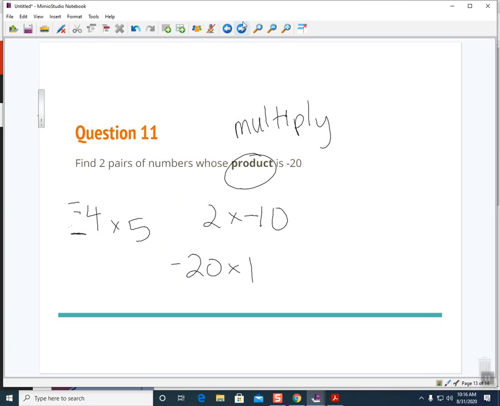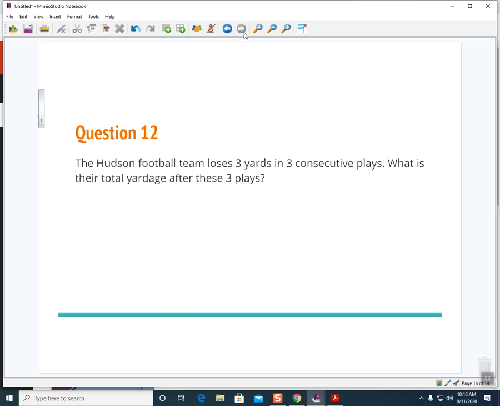Okay, this last one most people had problems with, and I realized that some of it was in my wording. I had a student in one of my classes point that out to me, so I'm going to explain this one a little bit. The Hudson football team loses 3 yards in 3 consecutive plays. What is their total yardage after these 3 plays? My intention was to look at this as starting at 0.